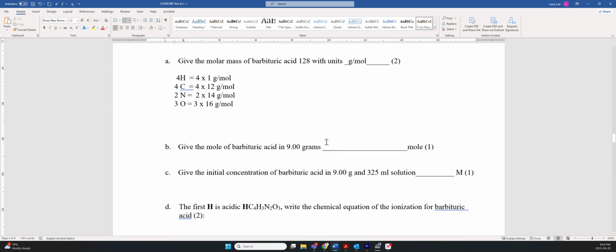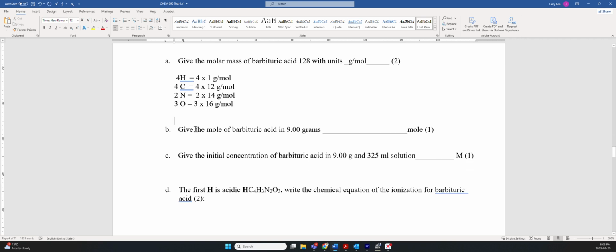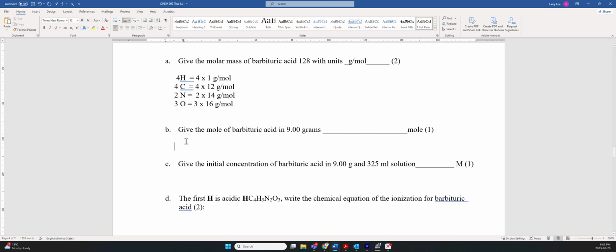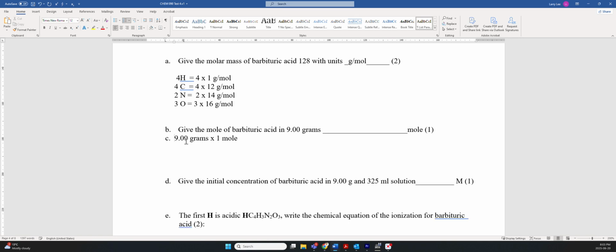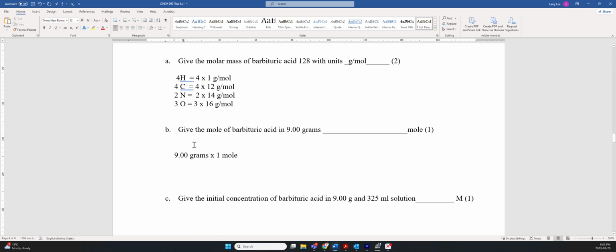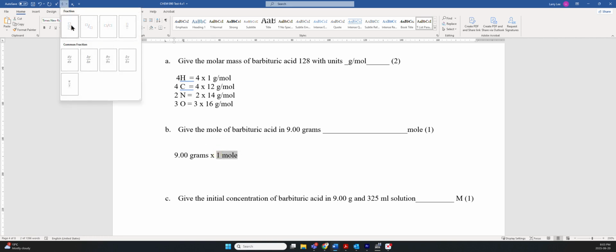Okay, and then, give the moles of barbituric acid in 9 grams. All you have to do here is take the 9 grams of this barbituric acid and multiply it by 1 mole divided by 128 grams. Let's just do it the fraction way.